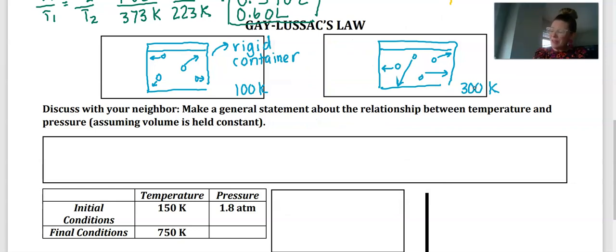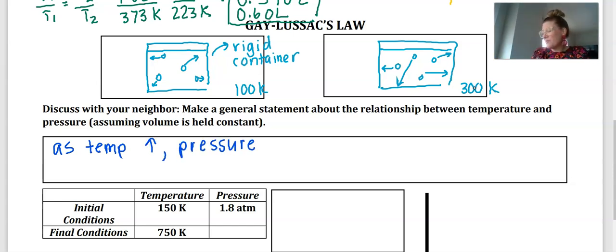As temperature increases, our pressure is also going to increase. This is a direct relationship, and this is true if volume is held constant. So we end up with increased temperature, increased movement, increased force, and therefore increased pressure. Direct relationship, again, if volume is held constant.